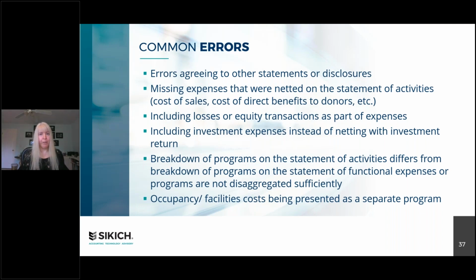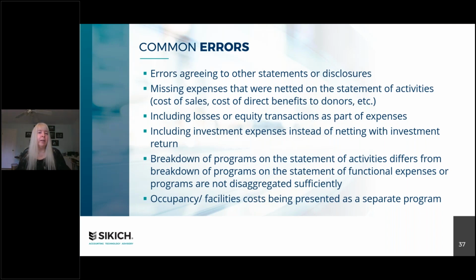A lot of not-for-profits will show a subtotal on that statement of functional expenses or equivalent that has total expenses as presented on the statement of activities, and then they'll add rows underneath that to show cost of goods sold or cost of direct benefits to donors that had been netted in the statement of activities, and then show a grand total of functional expenses. So you still have a subtotal that will agree to the statement of activities. So that's one way you might choose to do that.